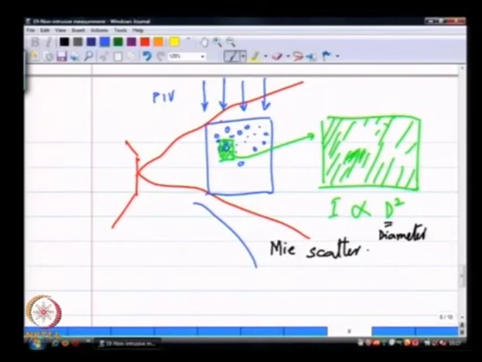And if I receive different amounts of light from different points in this image, I can now, knowing the intensity of the light coming in and through some calibration process, say, before I came to this experiment, I went through a calibration process where I put drops of a known diameter into the same light sheet and then measured the intensity of the scattered light coming towards the camera.